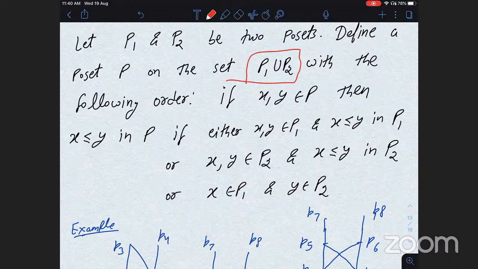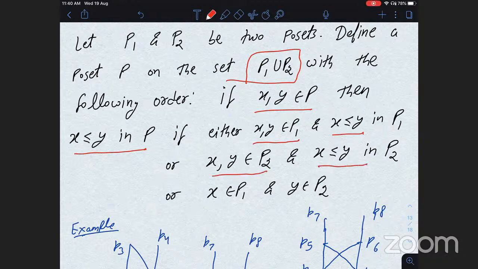If x, y belong to P, then x is less than or equal to y in P if either both x and y belong to P1 and x is less than or equal to y in P1, or both x and y belong to P2 and x is less than or equal to y in P2, or x belongs to P1 and y belongs to P2.